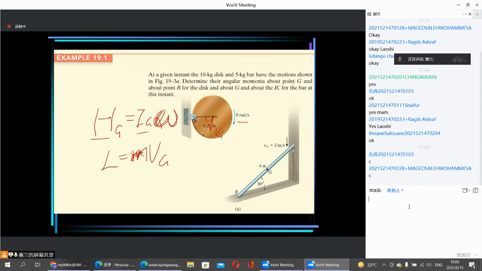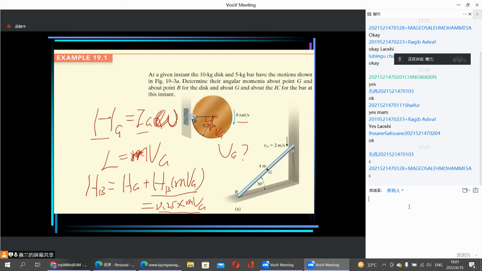So when you calculate HP, it will have two parts, HG plus HP by the linear momentum. This part is equal to the moment arm times m VG, exactly like you calculate the moment of a force. And for this one, again, we need VG. Can you find out VG?